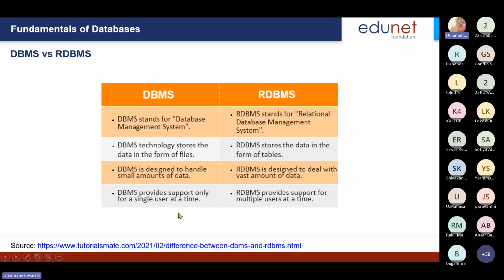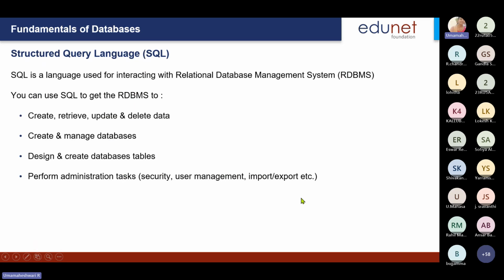DBMS is single user at a time, but here we can have multiple users at a time. Structured query language is used for interacting with the RDBMS. You can create, retrieve, update, and delete the data, create and manage databases, design and create database tables, and perform administration tasks.